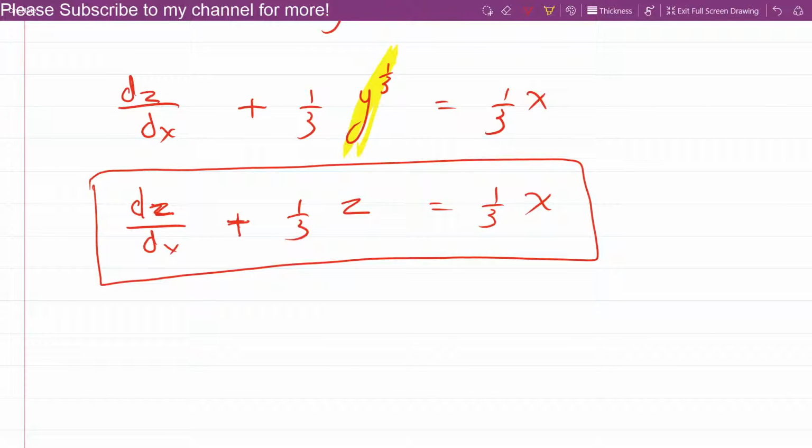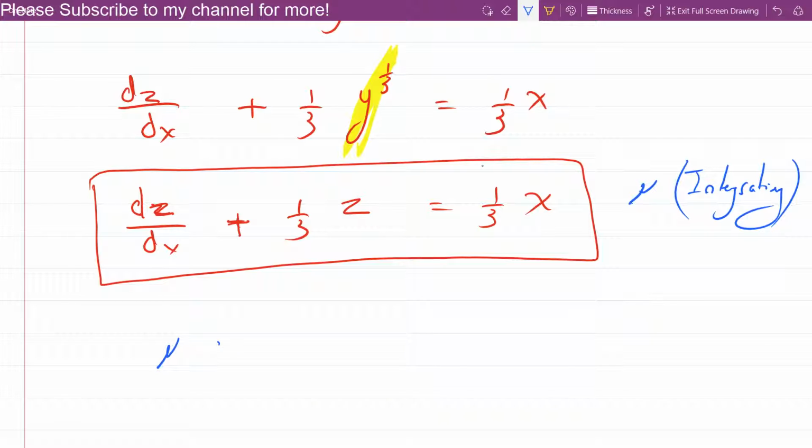In the integrating factor method, I'll multiply the equation by an integrating factor, mu. Because this is a non-separable differential equation, by doing that I can turn it into a separable differential equation that I can solve easily.